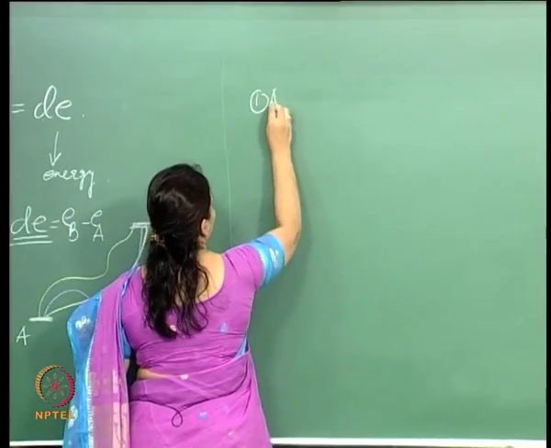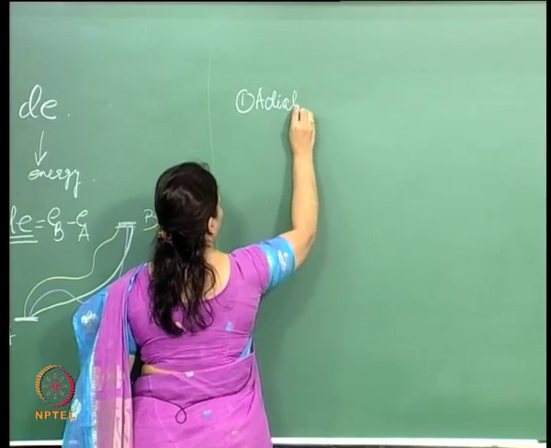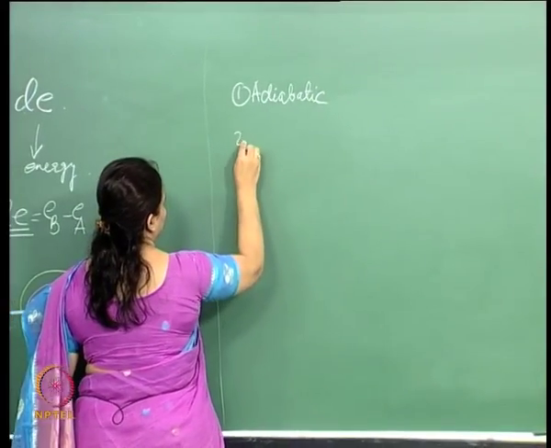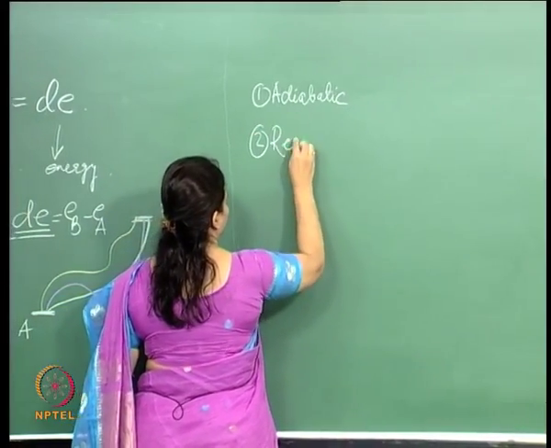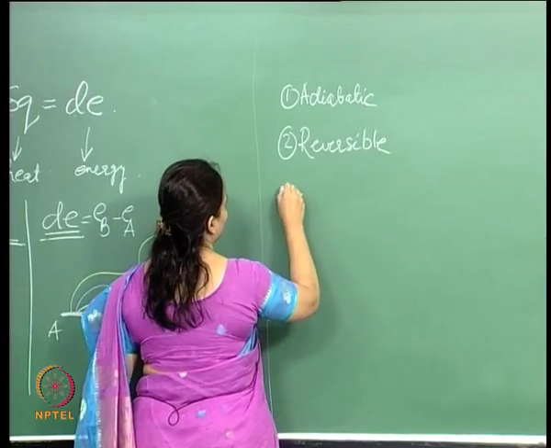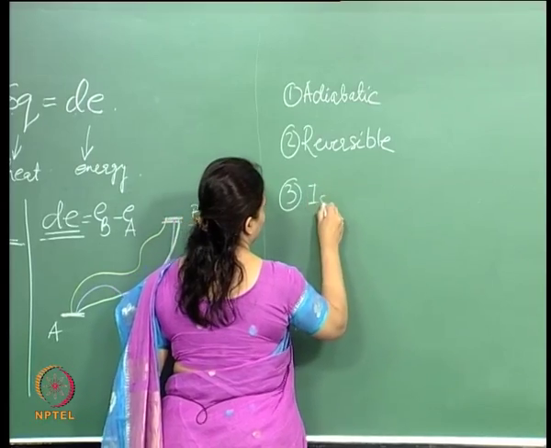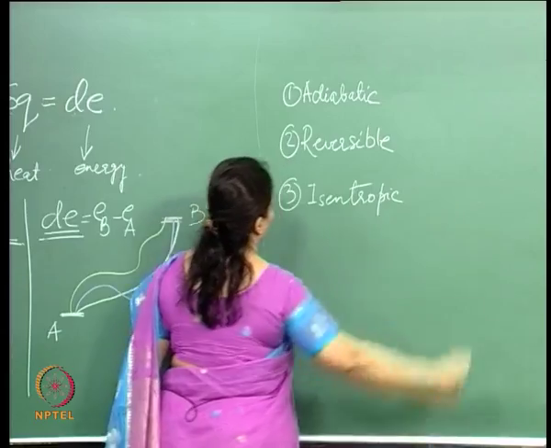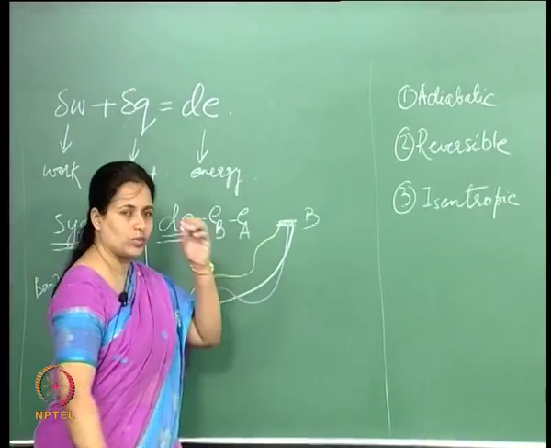Essentially this is when I say it is an adiabatic process, a reversible process, and an isentropic process.